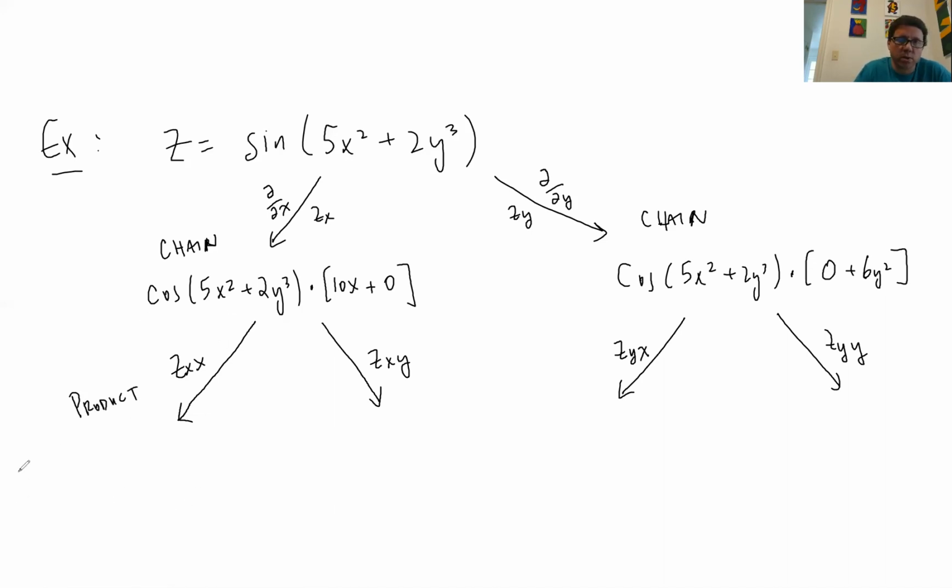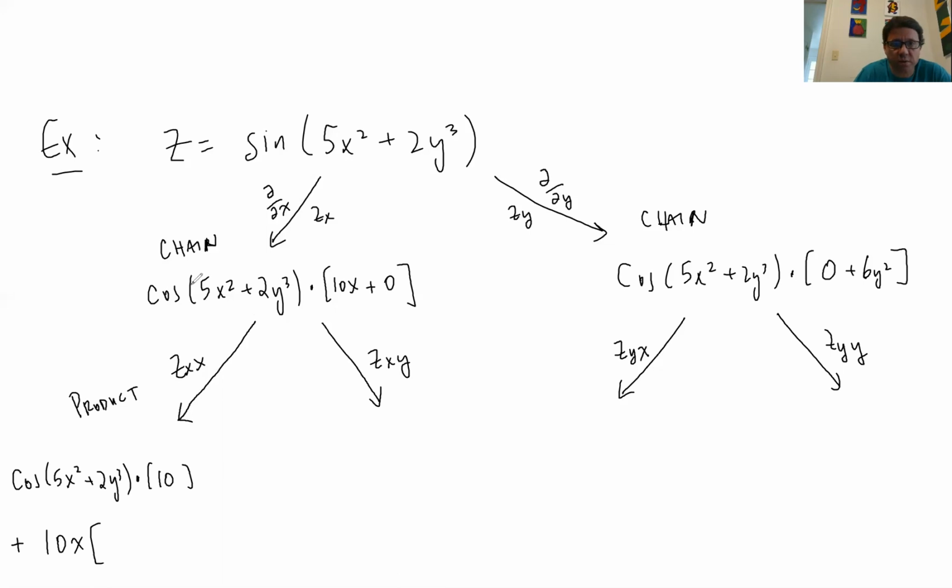And here we go. So it's the first, so that's cosine 5x squared plus 2y cubed times the derivative of the second. So the second is 10x, so the derivative of that is 10. Plus the second, so that's 10x, times the derivative of the first. And it's the x derivative again, so anything that's y is going to disappear.